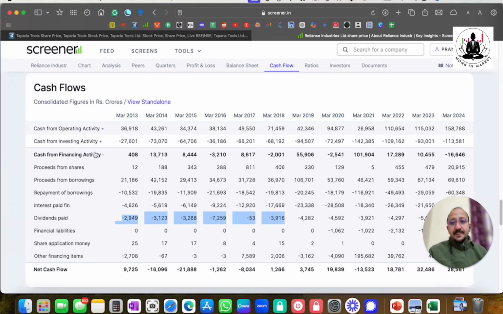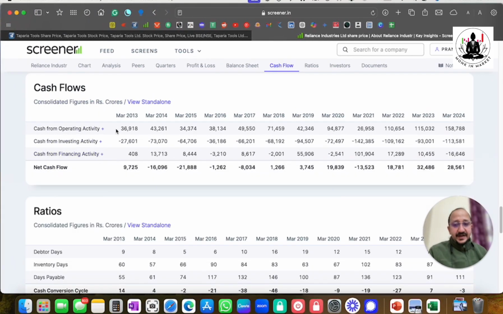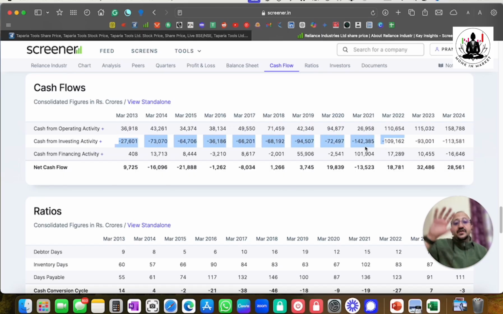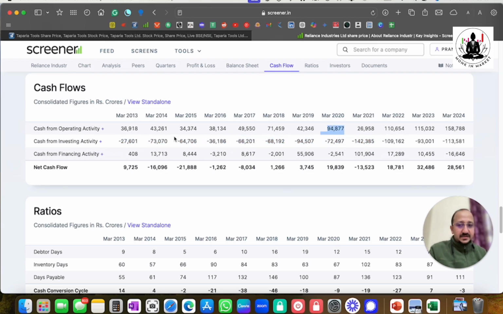If operating activity is negative, it's a red flag. You should never invest in such a company. But if investing activity is negative, it's a good sign. It means the company is using the money to invest somewhere. Just like you are earning salary and investing your money in the stock market or bonds or FD, RD, that's a good sign. So this negative is fine, but this negative is not acceptable.